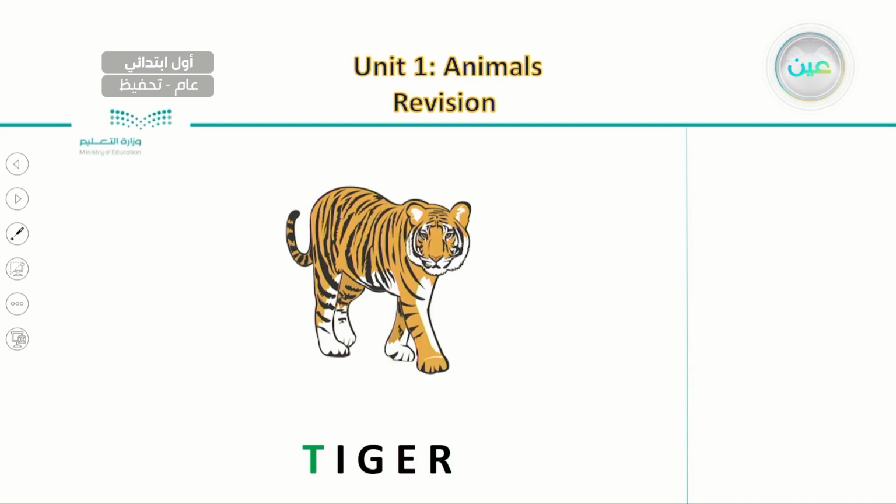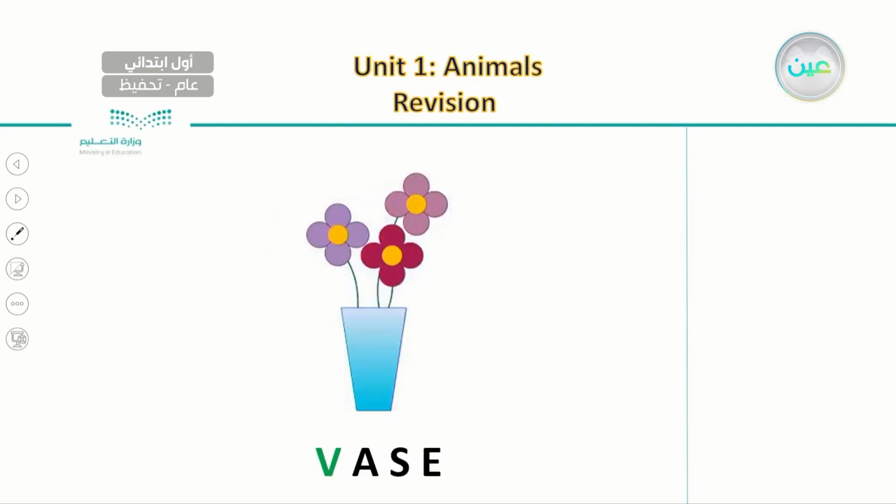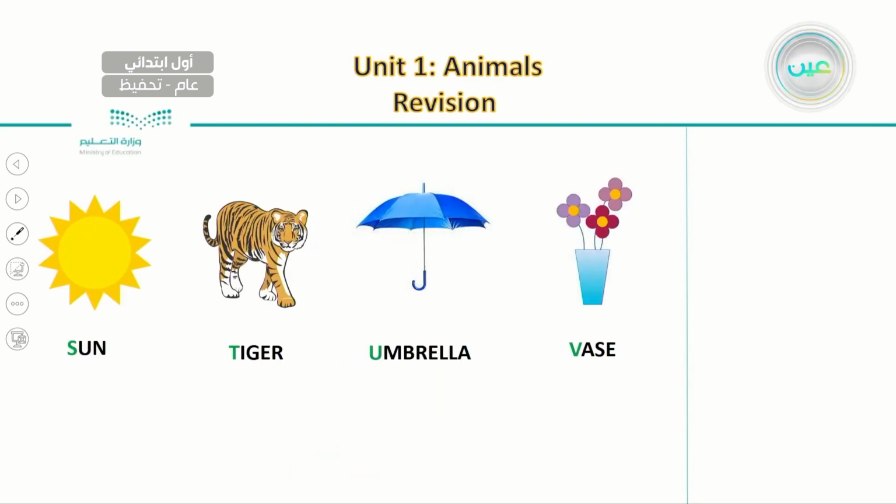The third word starts with letter U, which is umbrella. Umbrella. And the last word starts with letter V, which is vase. Vase. Very well.